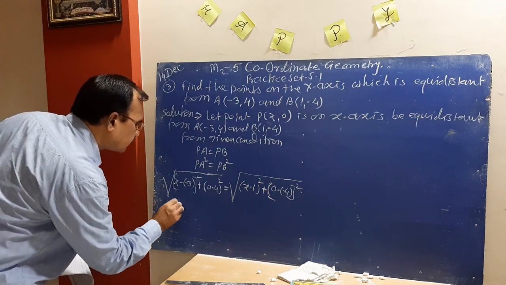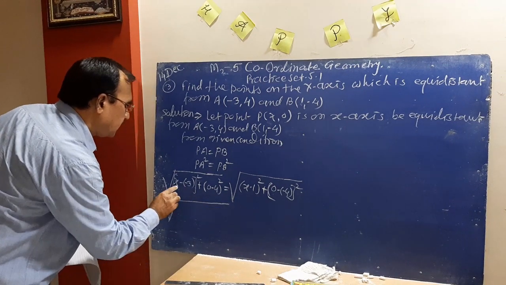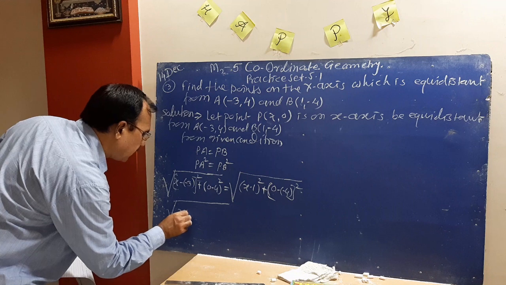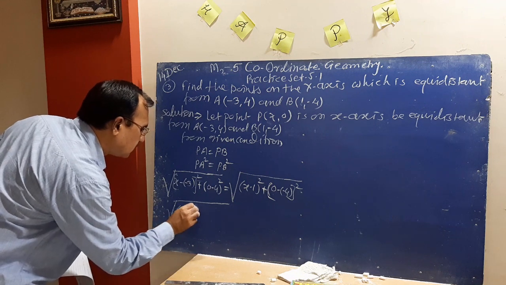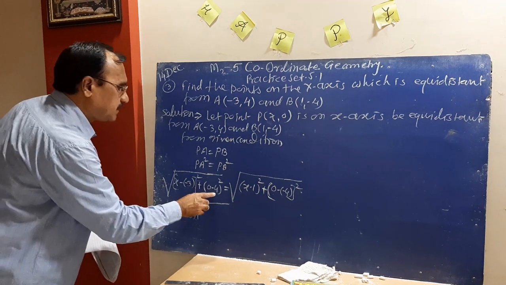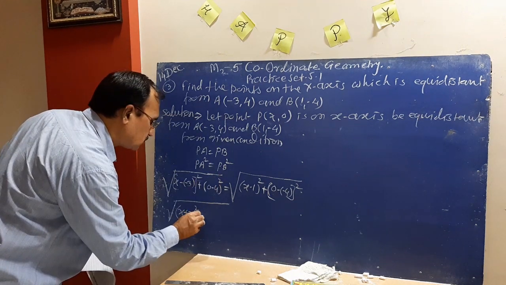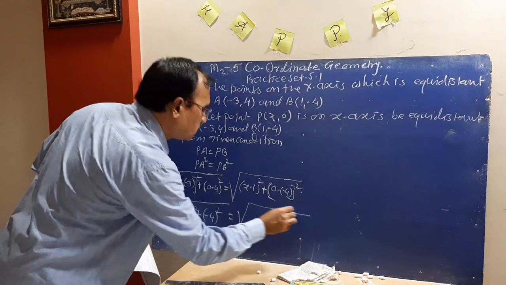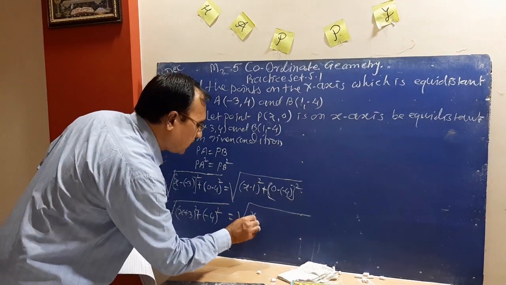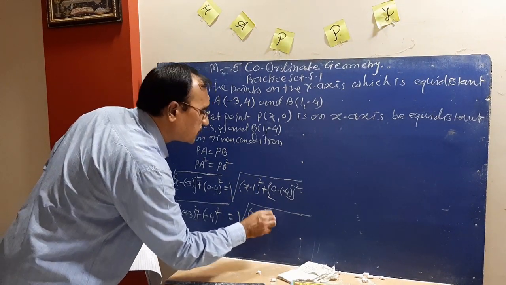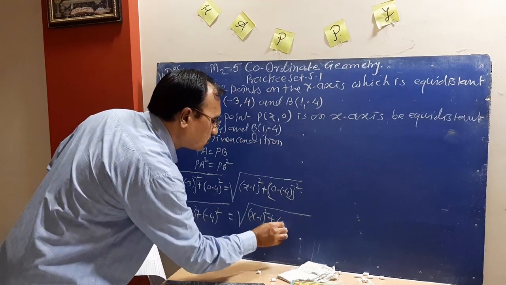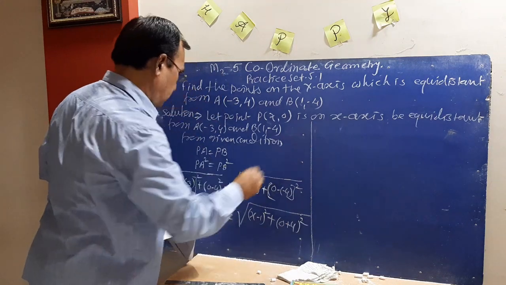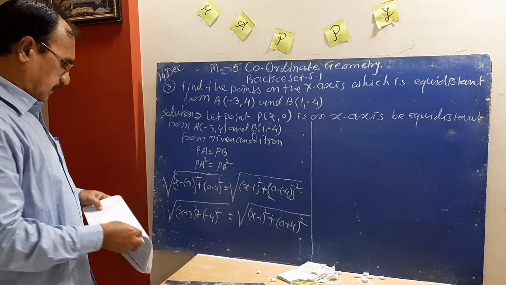Therefore x minus minus becomes plus 3, so (x plus 3) bracket square plus (0 minus 4, which is minus 4) bracket square is equal to (x minus 1) bracket square plus (0 plus 4) bracket square.